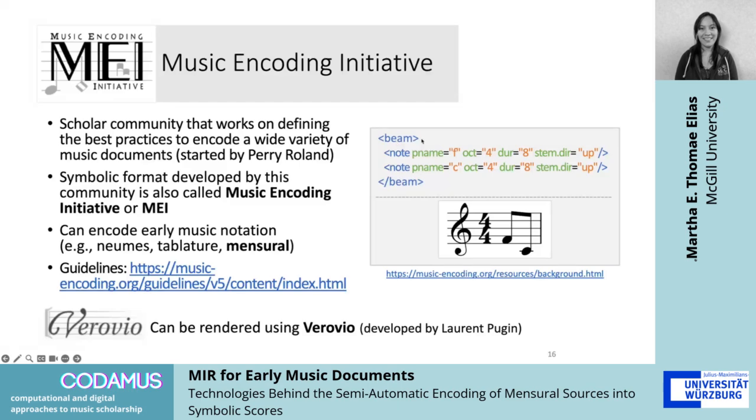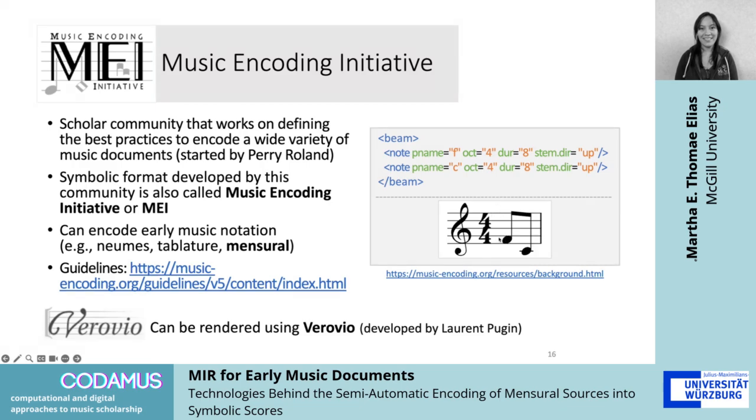So this beam element has two child note elements, and each element can have attributes that define some characteristics for that element. So in this case, the first one has a pname attribute, which represents the pitch name, which would be f. It has an oct attribute for the octave, so it's an f4.